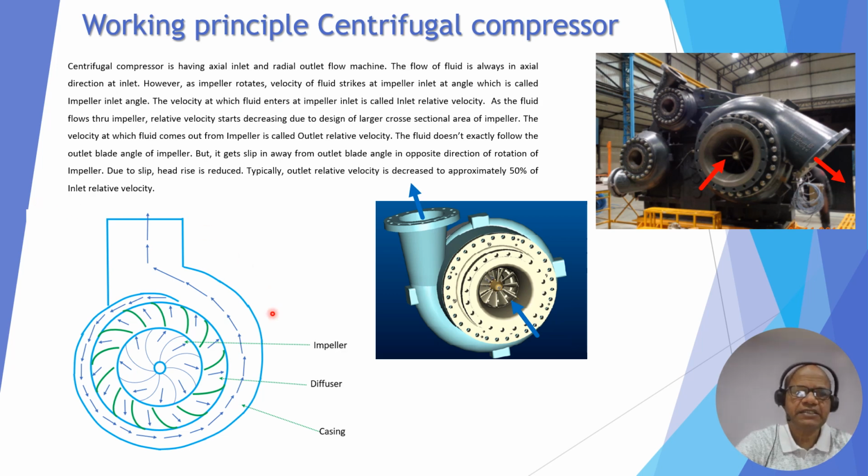So what it says is that the profile of the impeller is such that the cross-section area is increasing, and that is why relative velocity starts decreasing, approximately 50%, and it should come out exactly along the blade angle, but it is getting slipped at outlet.